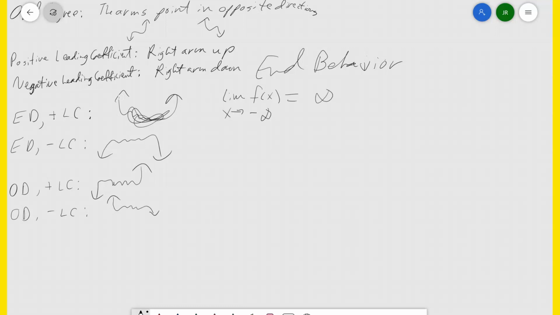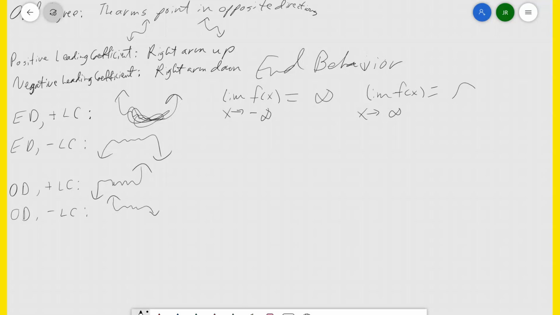The y value, f of x, is going up to infinity. And the limit of f of x as x approaches positive infinity is equal to what? Now, as x approaches positive infinity means you look at the right arm. So don't worry about anything but the far right arm. And where is that function going vertically? On the far right arm.